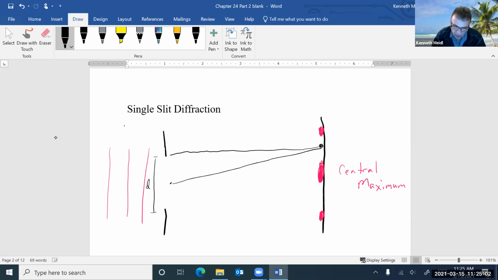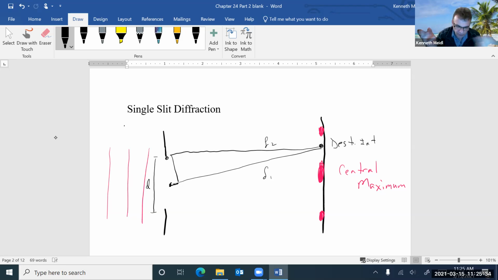For that dark spot, once again, I've got two different paths. One path is longer than the other path. It's not a big deal, but it's enough. There's the path difference right there. That path difference has to be about half of a wavelength to create a spot of destructive interference, because what I really have there is no light.